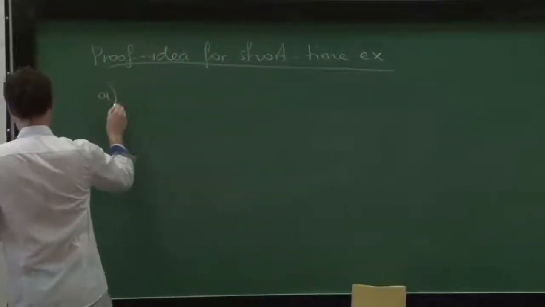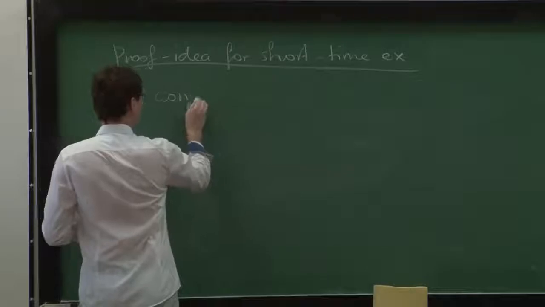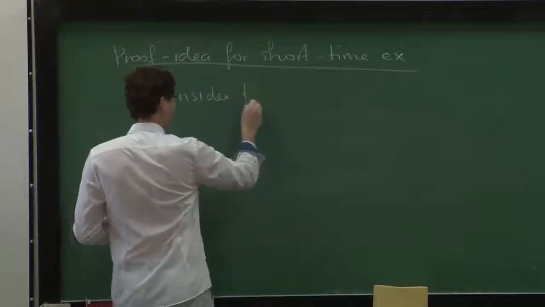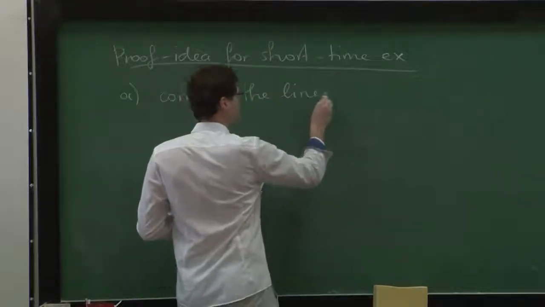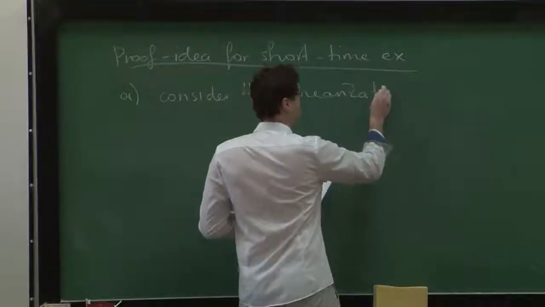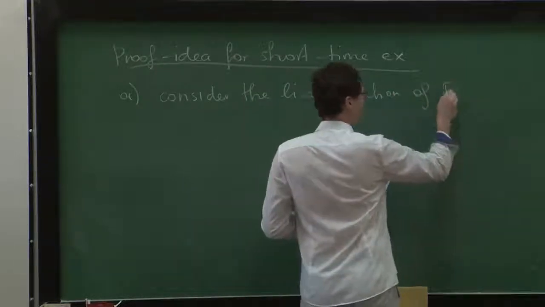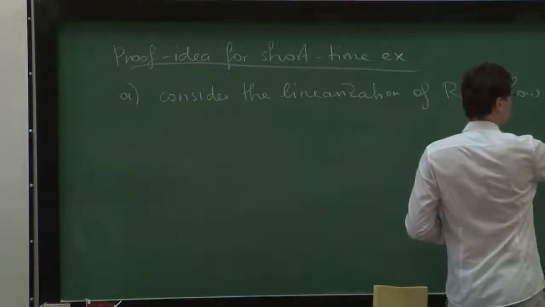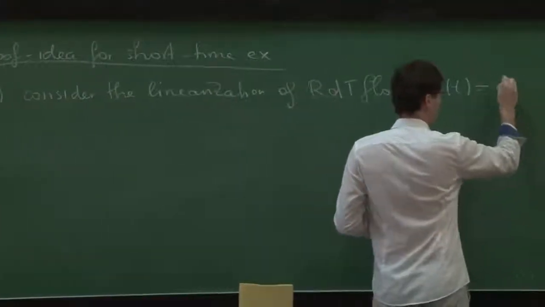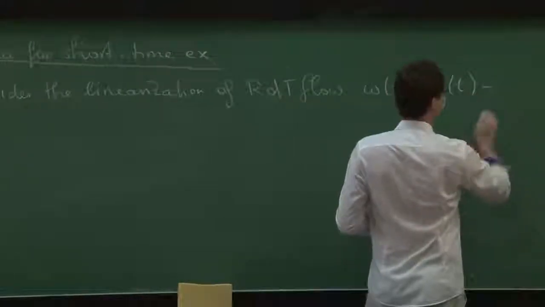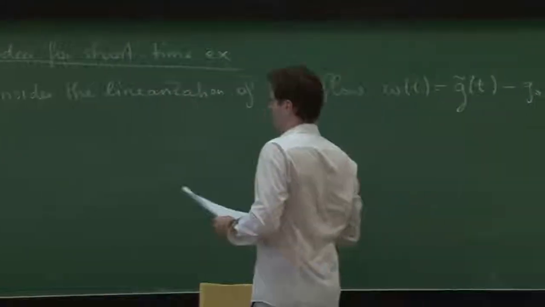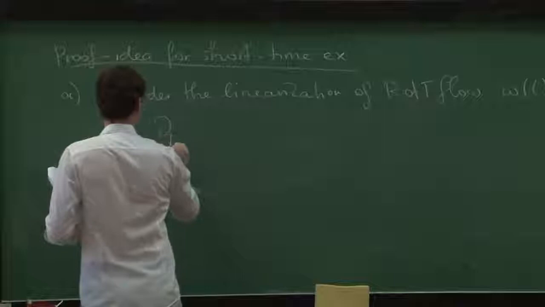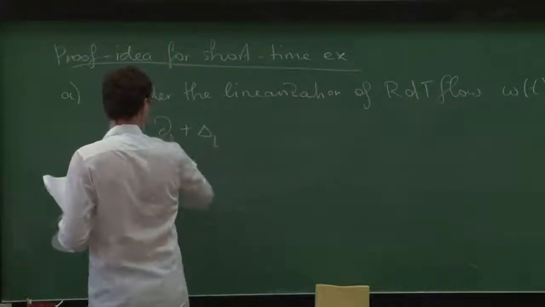First of all, consider the linearization of the Ricci-DeTurck flow. Remember, we just defined omega t to be g tilde t minus g0. And this omega t satisfied this nonlinear equation.